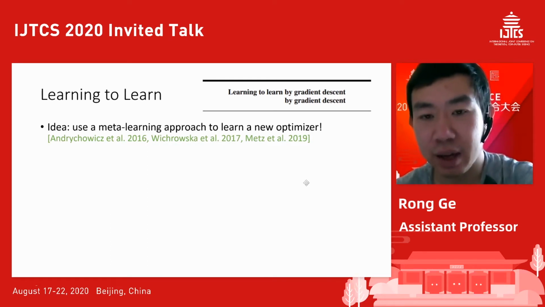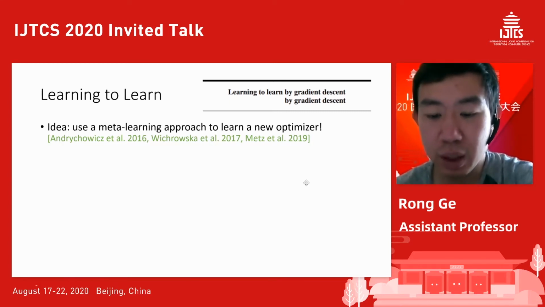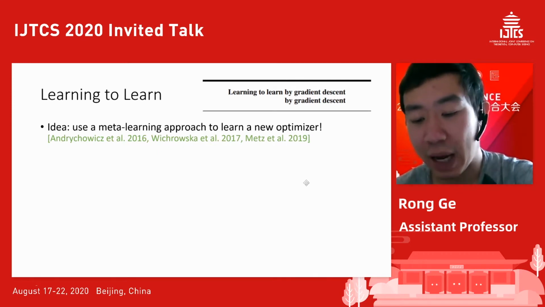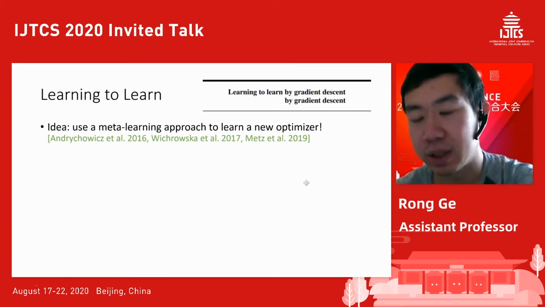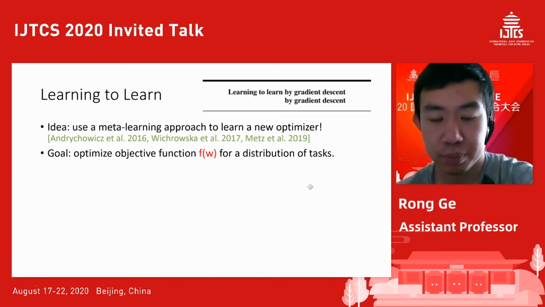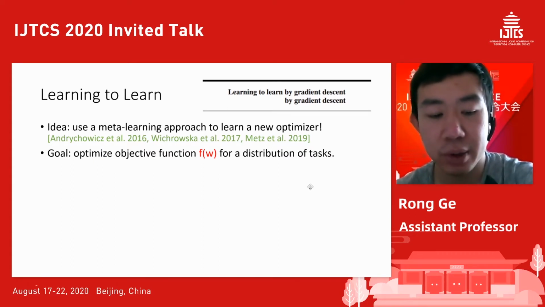There have been a lot of papers in this line of work, and people were actually able to train optimizers that outperform traditional optimizers in practice. So what exactly is this meta-learning approach?